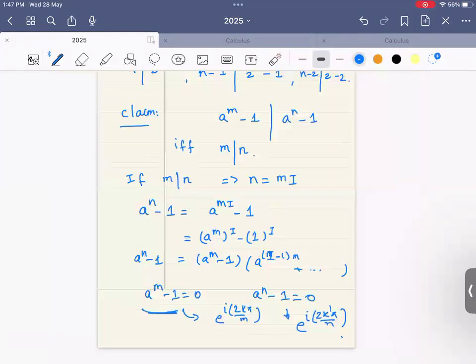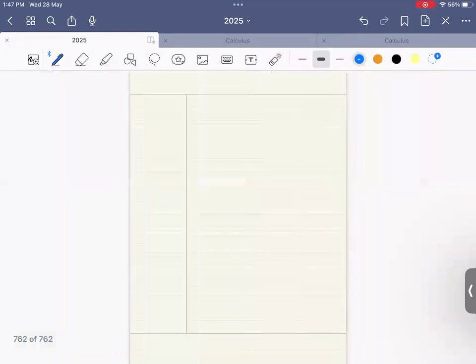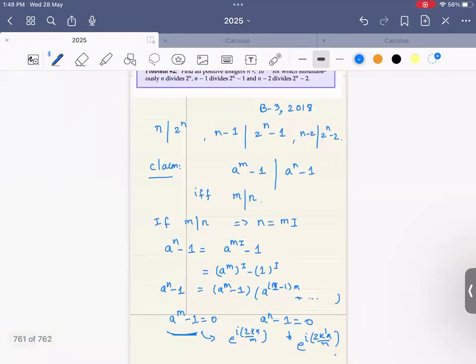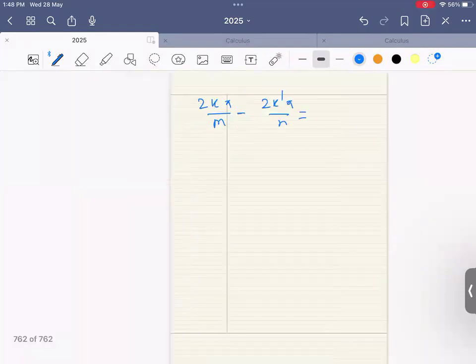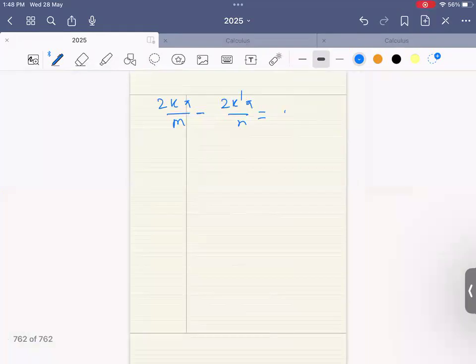So this is going to be true if and only if 2k pi upon m minus 2k dash pi upon n is equal to some integral multiple of 2 pi, because their arguments are equal. And might I add that k can take all the values between 0 and m minus 1, right? And for all values of k, this must be true.